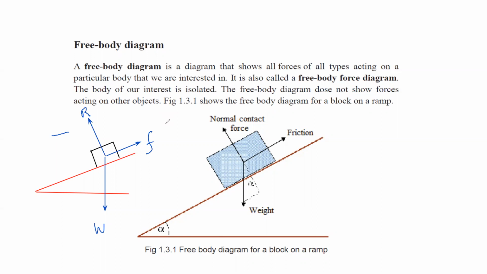In this example, the object is on an inclined surface, a surface which is making a certain angle. But an object can also be on a horizontal surface.